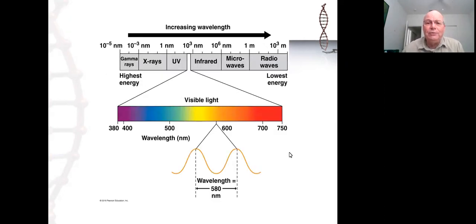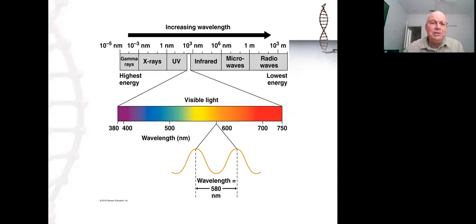And here you can see the full spectrum of electromagnetic radiation, with light more or less somewhere in the middle. And the different colors of light that we are able to detect simply reflect the wave nature of light, and more specifically, the wavelengths of the different colors of light that we can detect.